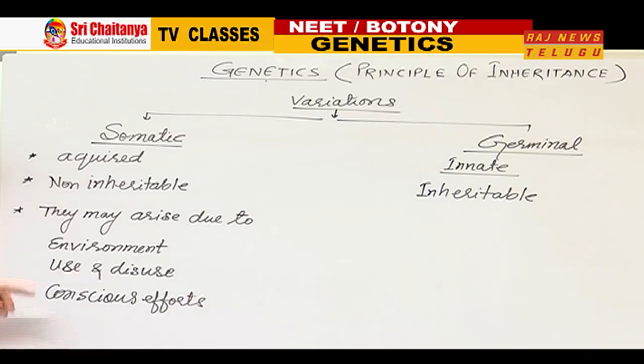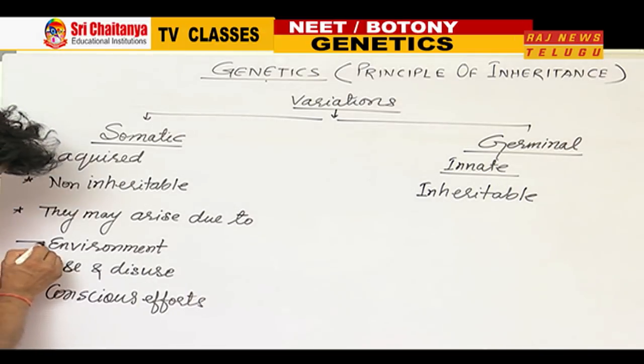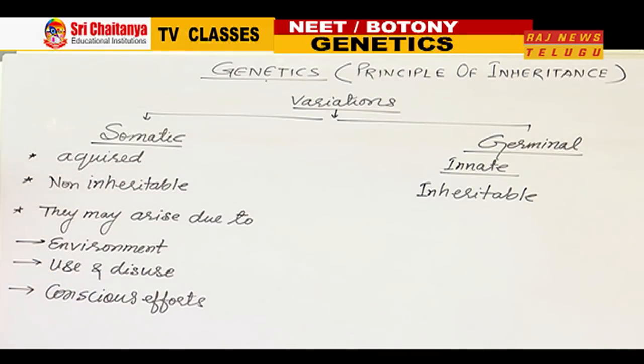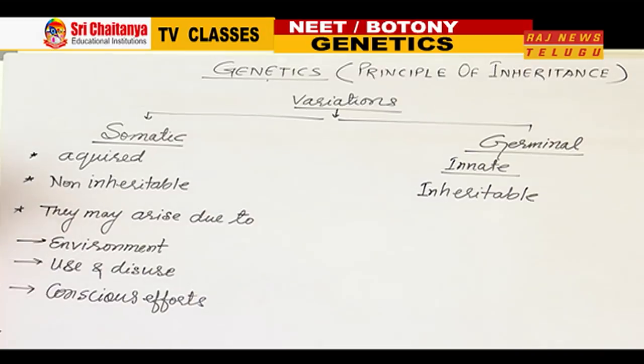Somatic variations may arise because of environmental variations, maybe because of use and disuse, and maybe because of conscious efforts. You can easily understand it with such simple examples.